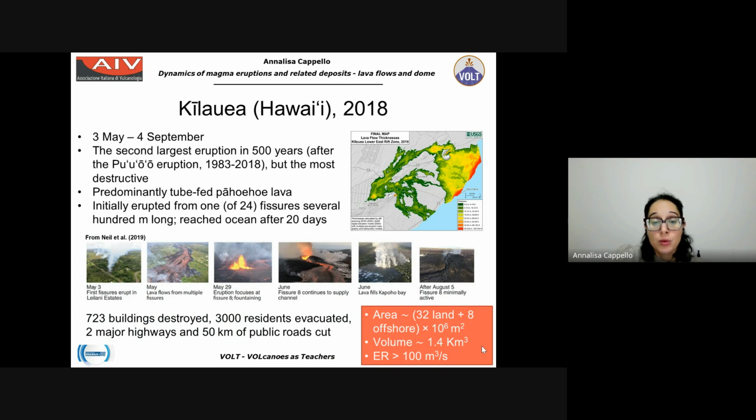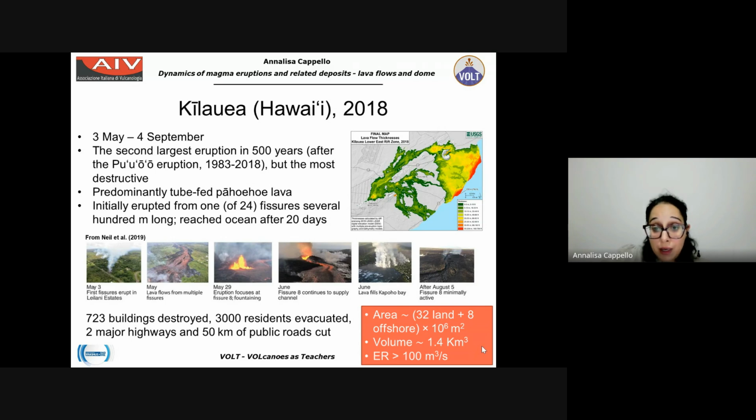And this eruption was important because it was the second largest eruption in 500 years, after the Puu Oo eruption that lasted 15 years. On the contrary, this eruption lasted only a few months, but was the most destructive.